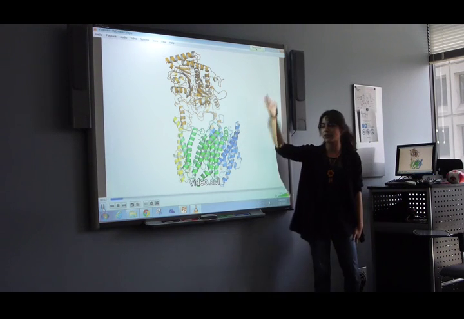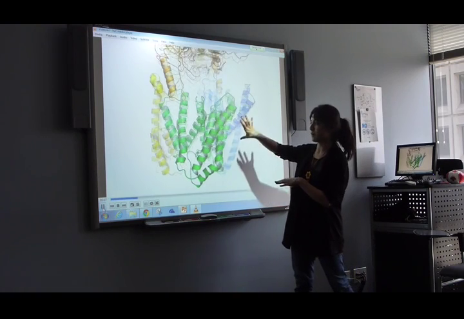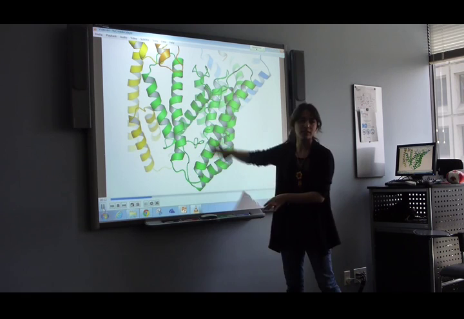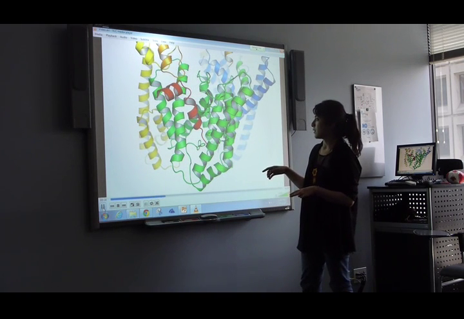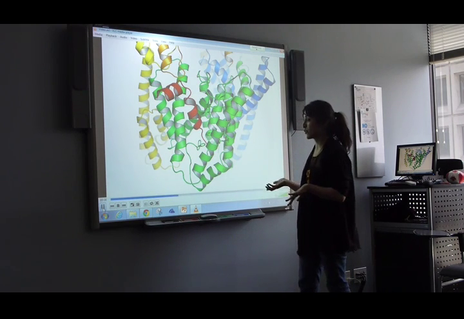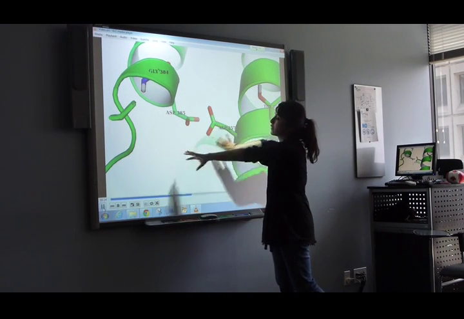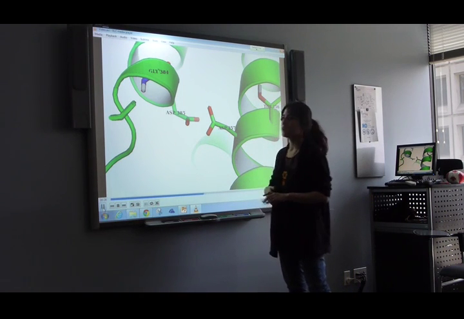So here's the receptor. It's slow because it's a close-up. This is a close-up of the main catalytic domain. And now it will show the compound. This is the main interaction that the compound usually makes with this receptor.